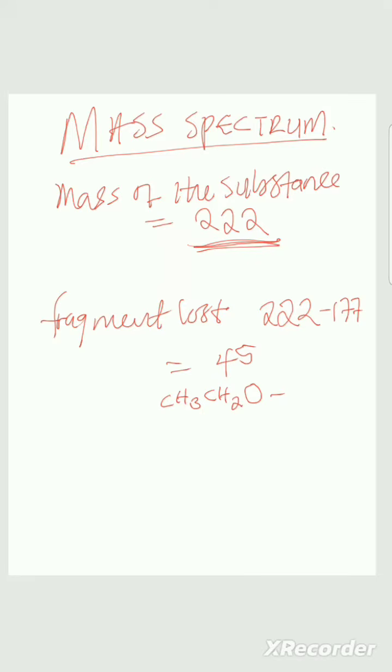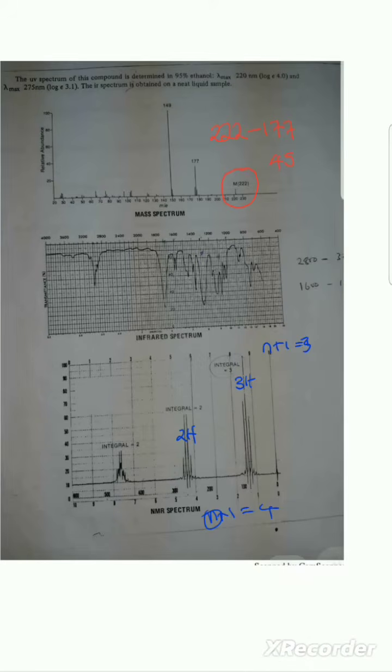I can even extend it to see where this is going to be connected. So what am I going to do? I can do 177 minus 149.